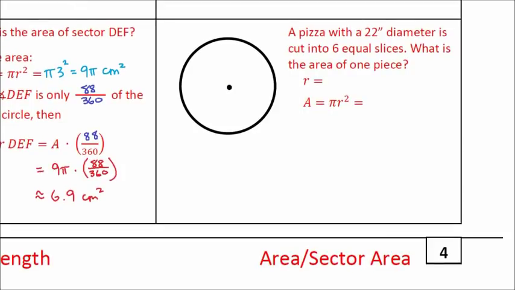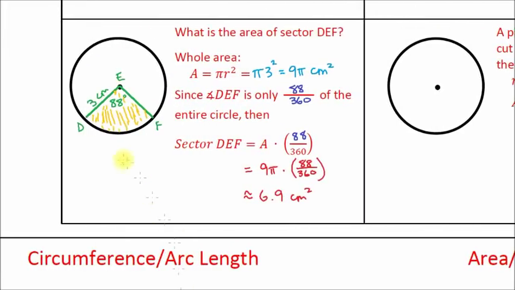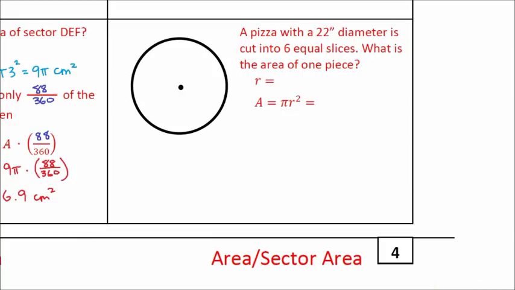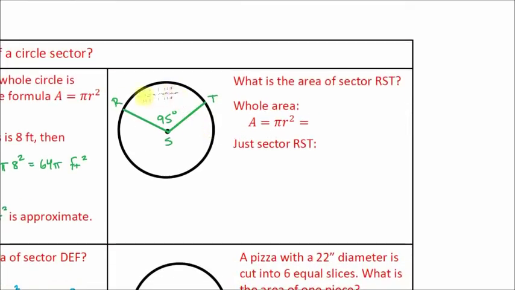Oh, by the way, just like I did in the last video, if we know this central angle is 88 degrees, then we know that arc DF is also 88 degrees. And if we know that the central angle here is 95, then the measure of arc RT is also 95 degrees.